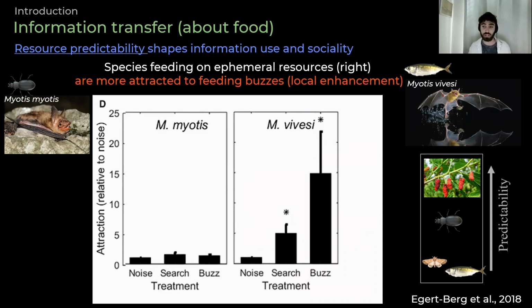So in here, what you see is that the fish-eating bat is listening to calls from conspecifics, approaches them if they have searching calls, and even more so if they emit feeding buzzes, while the other myotis is not at all influenced by what it hears.